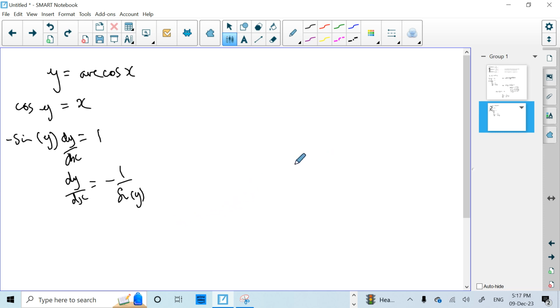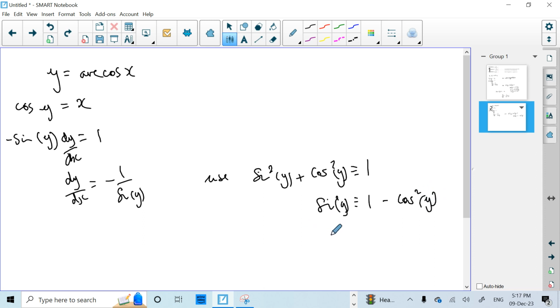Again, we want a link between sine y and arccos x, and that link will be given by our identity. Sine squared y plus cos squared y is identically equal to 1. Since we let cos y equal x, and we have sine y in our denominator, we need to find it in terms of x. So sine squared y is identically equal to 1 minus cos squared y, and sine y will be the root of 1 minus cos squared y.